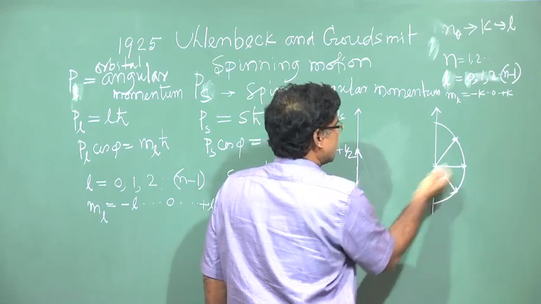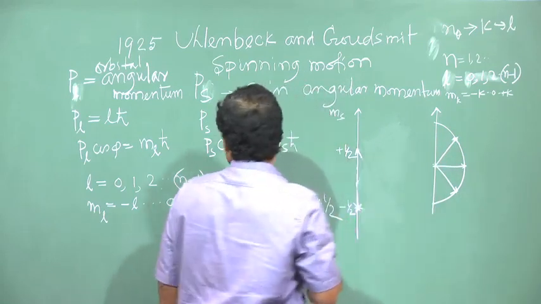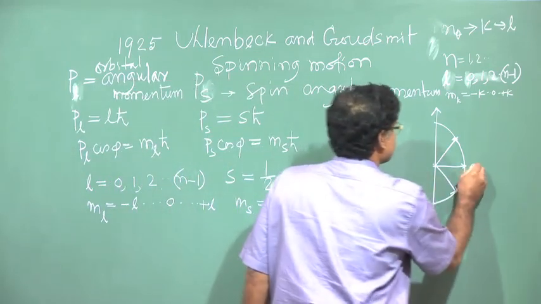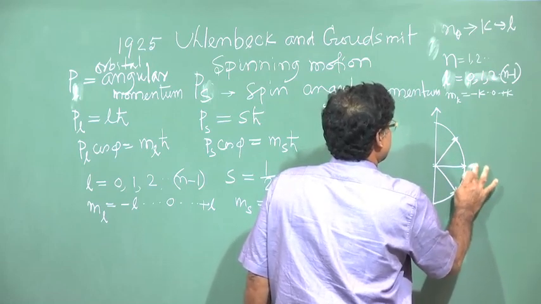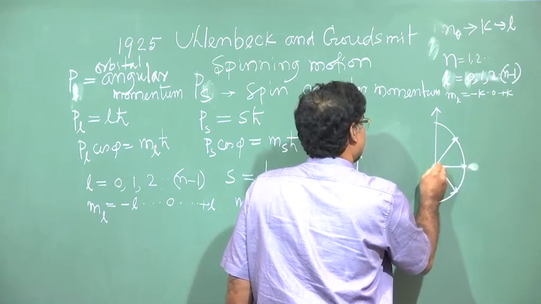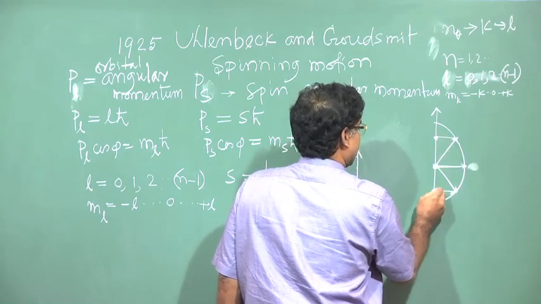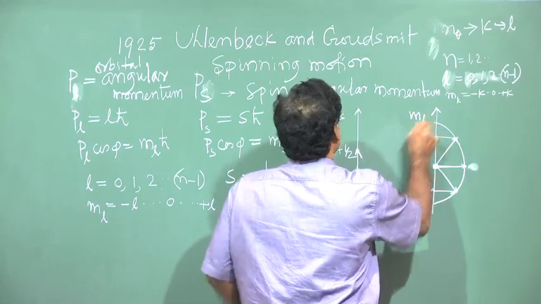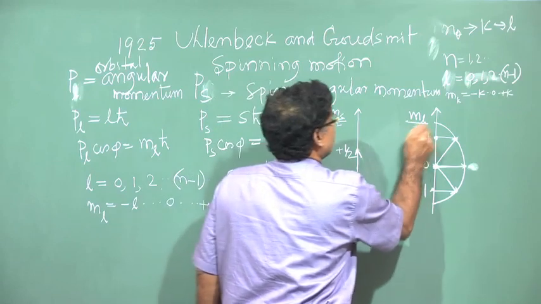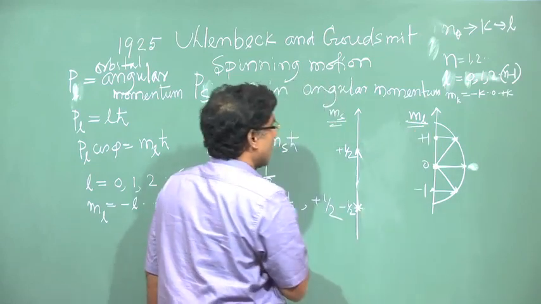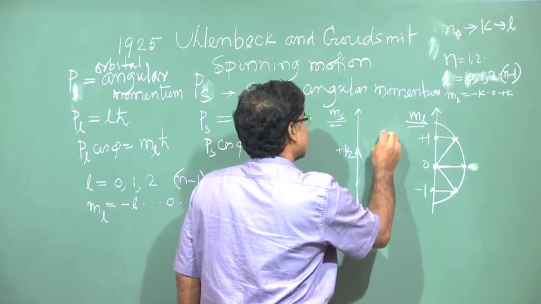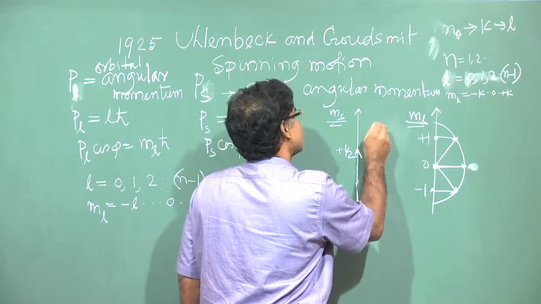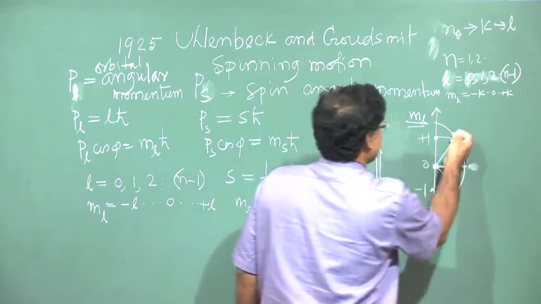These three are possible for L equal to 1, that means the ML value will be 0, plus 1, minus 1. Here the MS value and here the ML value. So, this we have seen, and spin is generally in the same direction, this is the S and this is the L.